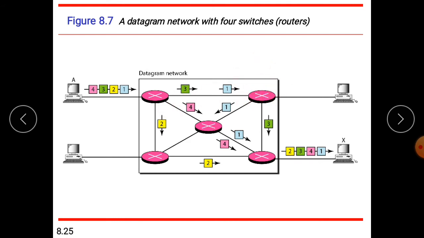Some of the packets may also be lost or dropped because of lack of resources, but in this case we will receive all the packets. Whenever packets reach the destination out of order, it is the responsibility of the upper layer protocol to reorder the datagrams or ask for lost datagrams before passing them on to the application.